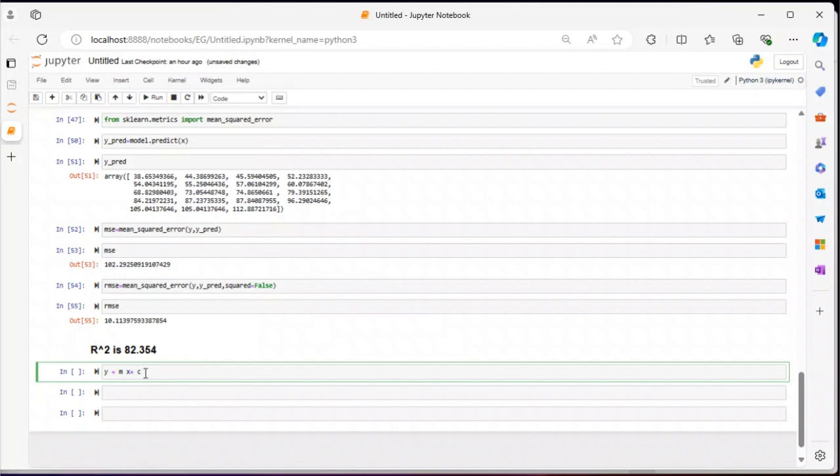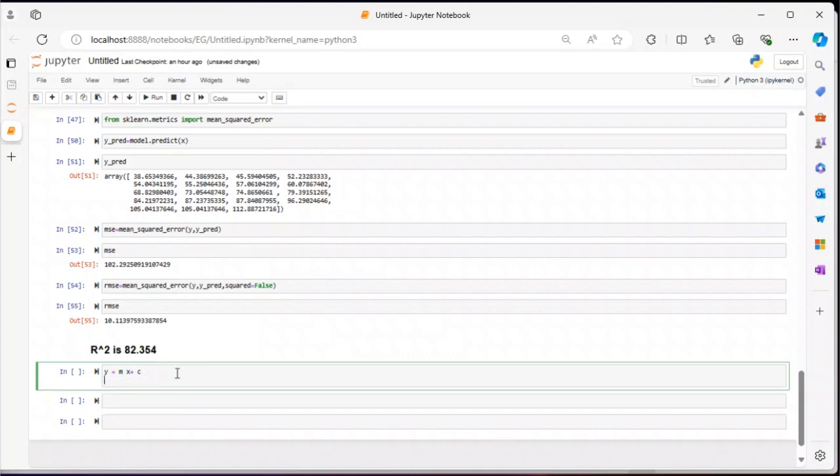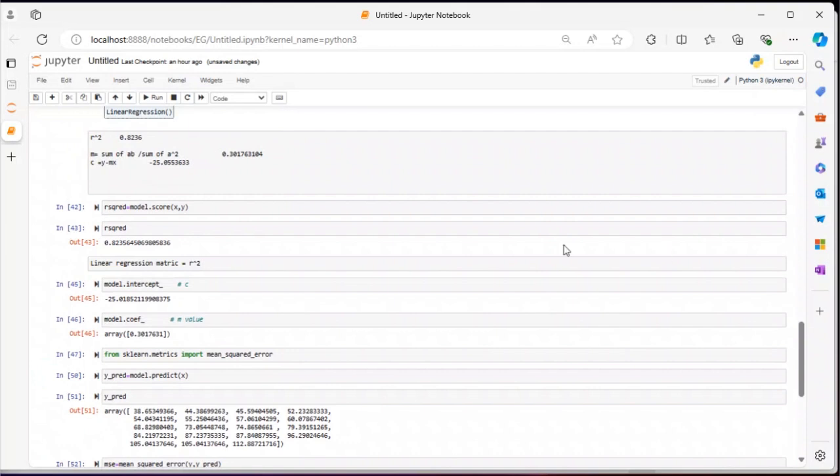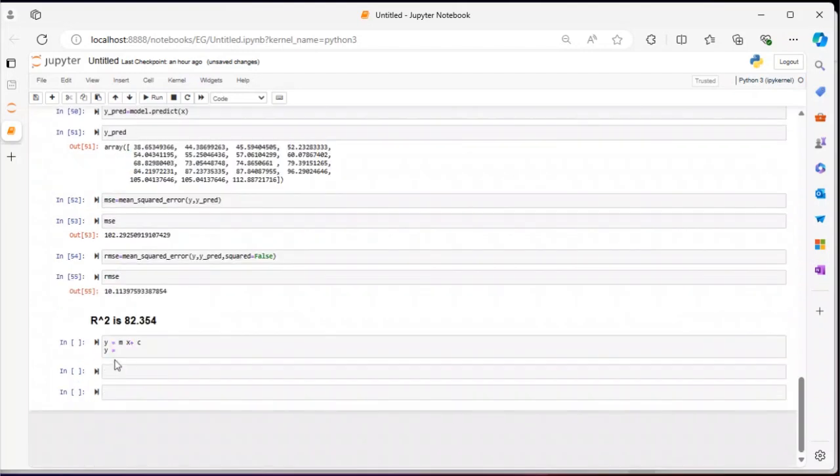We have the m value, we have the c value, so we can work out the y value for each x value. That's it. So we got all the values.